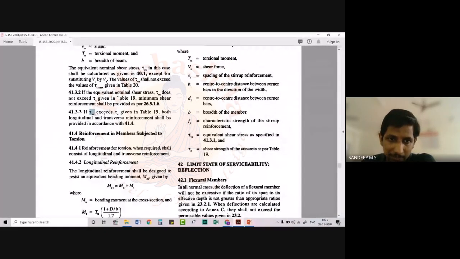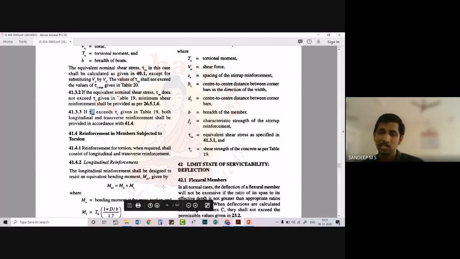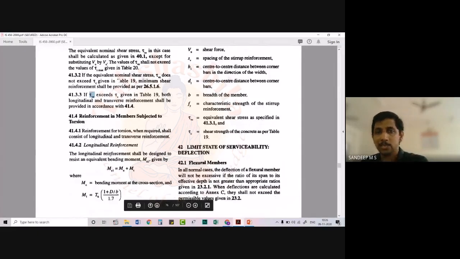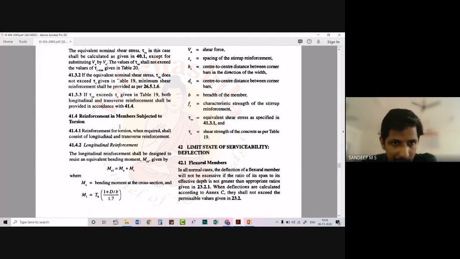If tau VE exceeds tau C given in Table 19, we have to provide design for torsion with respect to longitudinal as well as transverse reinforcement. Else, if tau VE is less than tau C, you just provide shear reinforcement in terms of VE, and you can provide your longitudinal, that is flexural, reinforcement in the usual manner. So that's it regarding that.